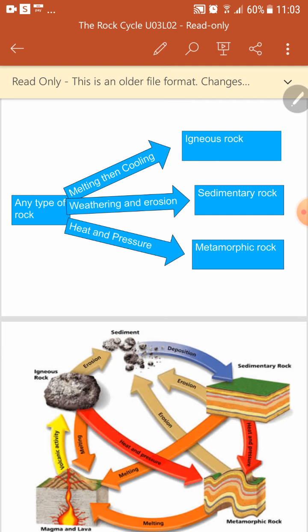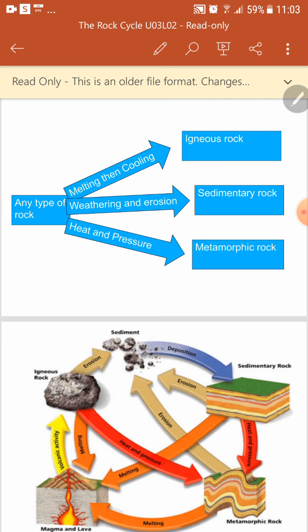To be igneous rock, any rock should go through melting, then cooling. Any rock that melts, if it was in an area that has a volcano, for example, if it was buried very deep under the surface of the earth and exposed to very high temperature, then it melts, becomes magma, then it cools, so it will become an igneous rock.